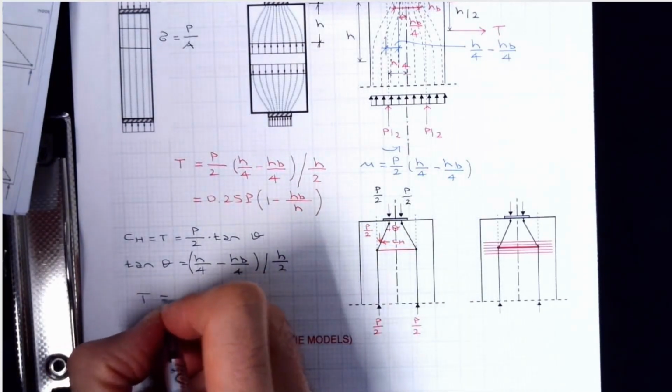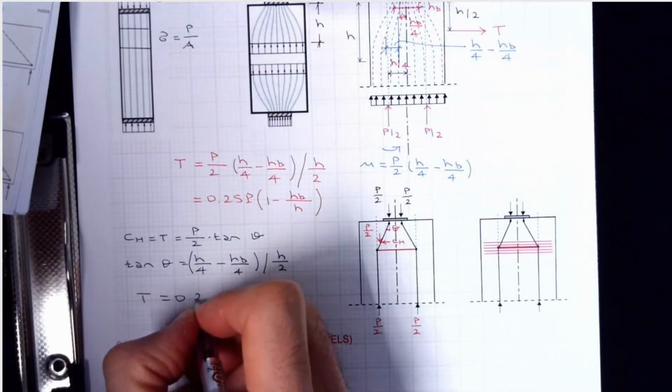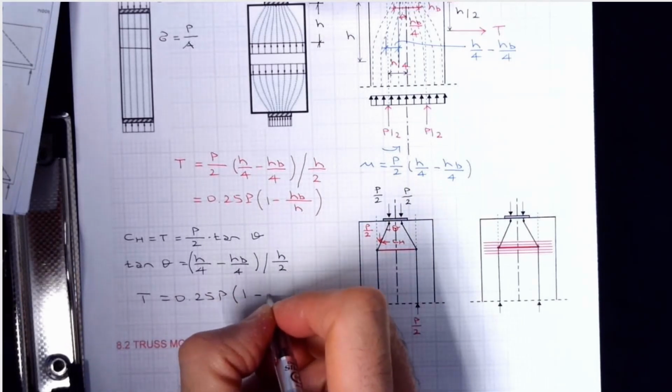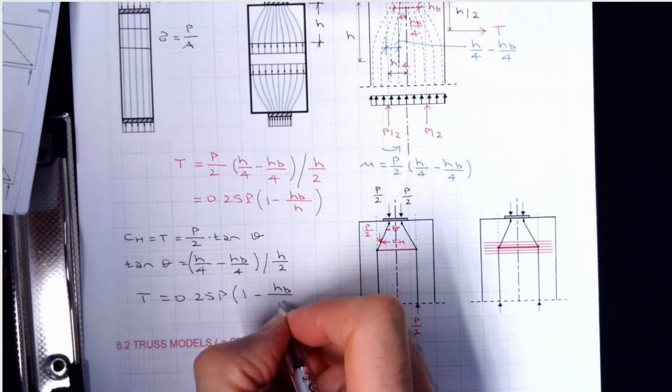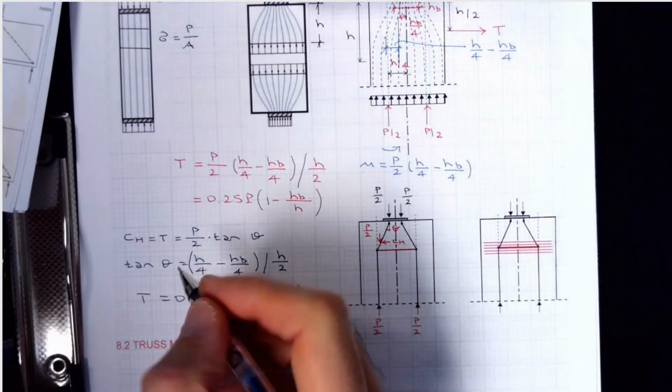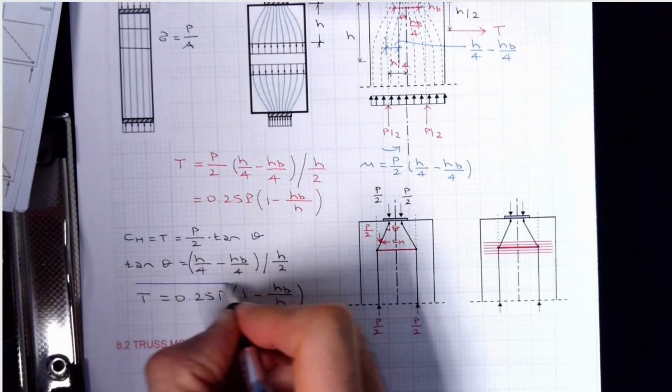From this again you would get T equals 0.25 P times (1 minus HB divided by H). So this is commonly used in anchorage zones.